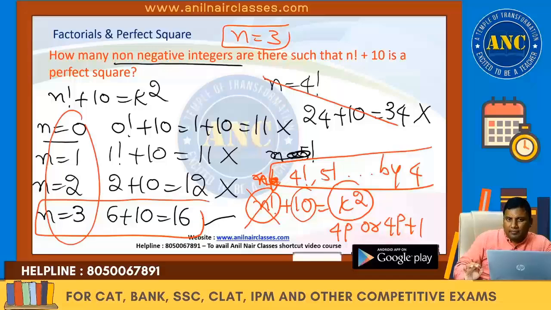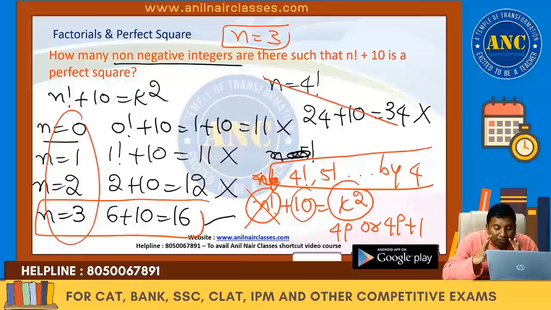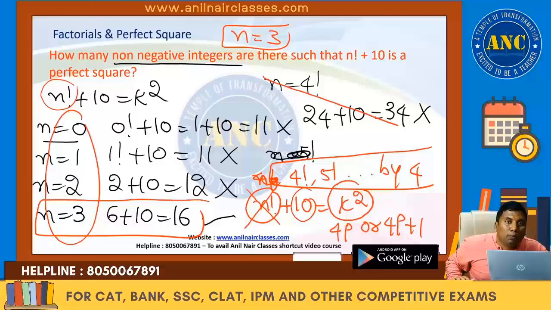Excellent question, sir. A very, very good question which explains how to use the nature of a perfect square. A perfect square is always of the form 4k or 4k plus 1. From 4 factorial onwards, n factorial will be divisible by 4. 10 is nothing but 4 into 2 plus 2.